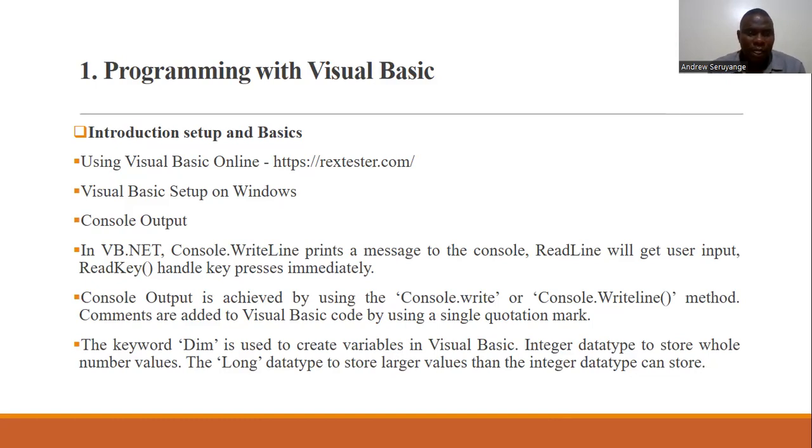The keyword Dim is used to create variables in Visual Basic. Integer data type is used to store whole number values. The Long data type is used to store larger values than the Integer data type can store.